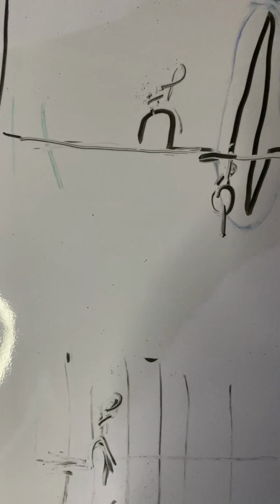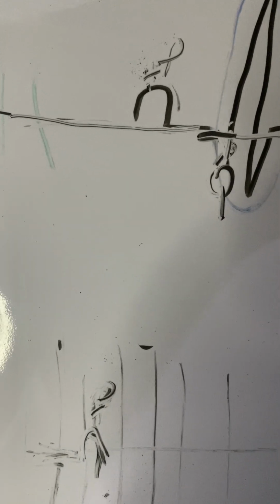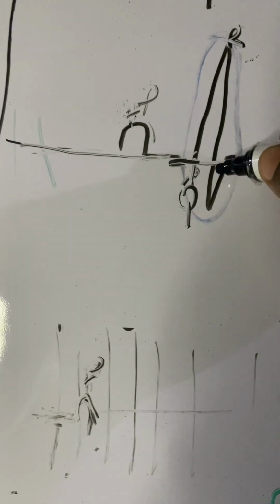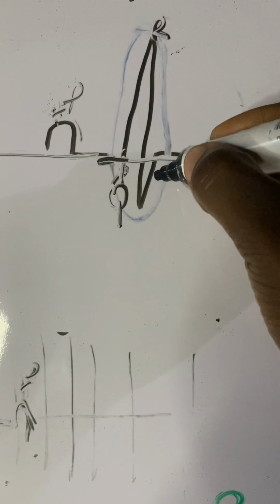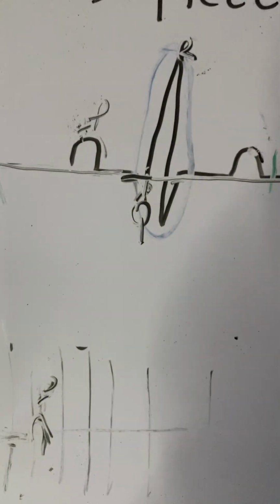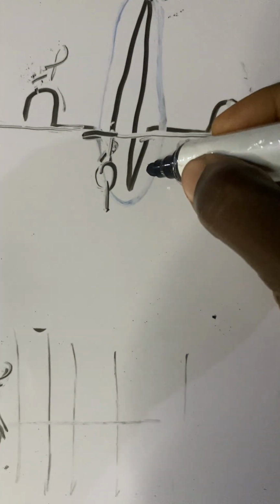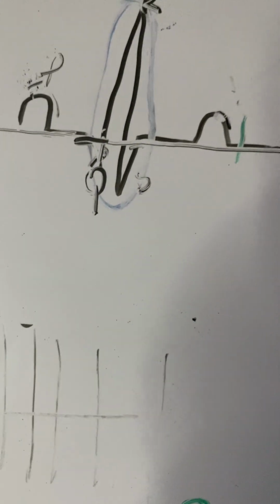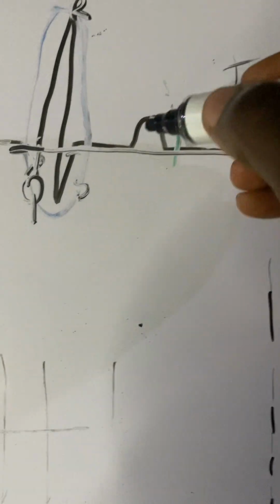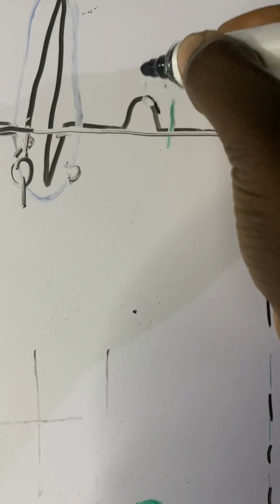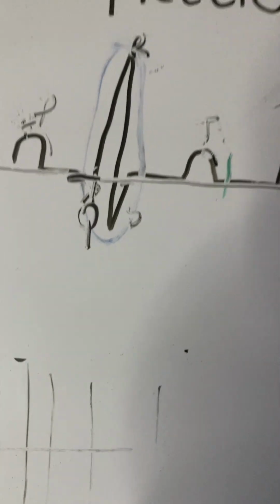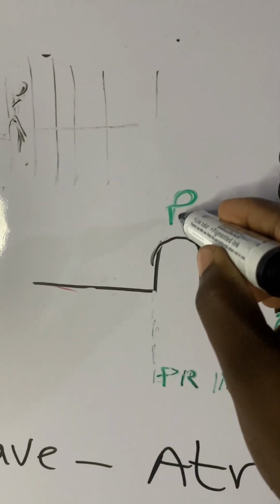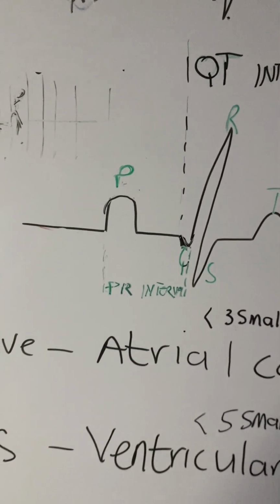Your R is your next positive, your second positive deflection. Then this one is an S and it is negative, your second negative deflection. And then your T becomes your third positive deflection. So always make sure you locate your P.